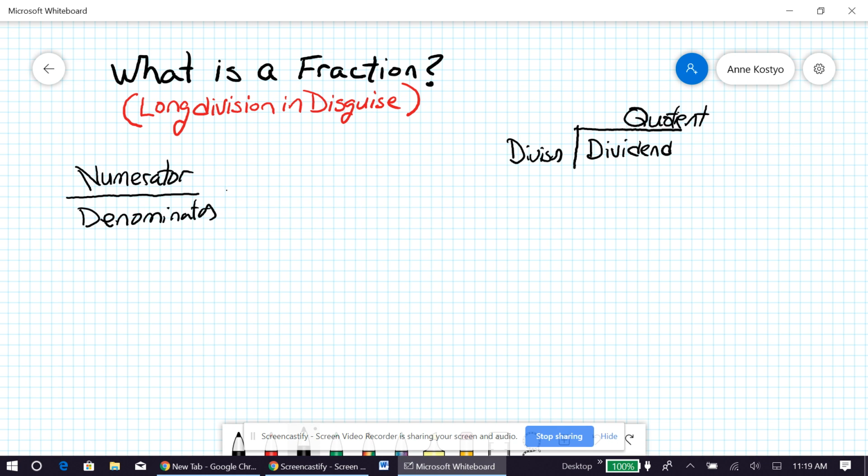Okay, I can use the same vocabulary that we are familiar with, such as the divisor and the dividend. The numerator will be equal to the dividend.